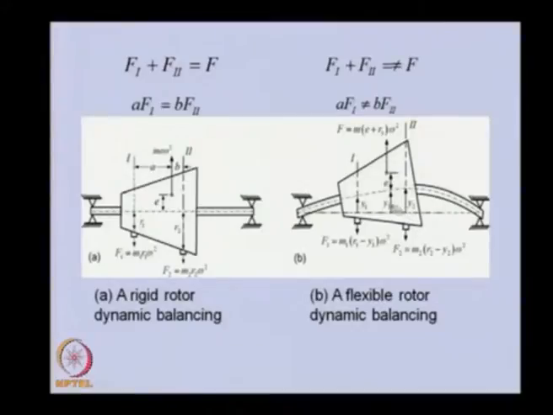In fact, sometimes it deteriorates the unbalance condition of the rotor system. The rigid rotor balancing correction masses we kept may have an adverse effect on the rotor unbalance response. So this was the difference between rigid rotor and flexible rotor balancing.